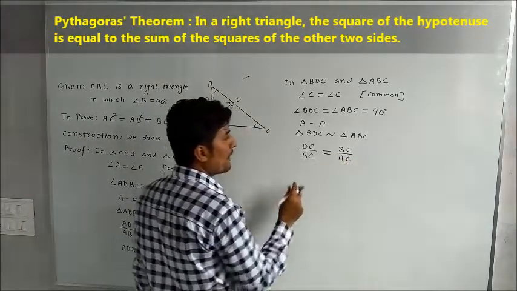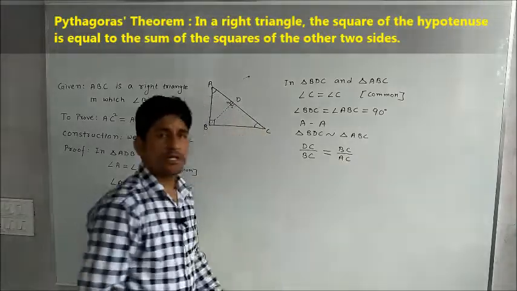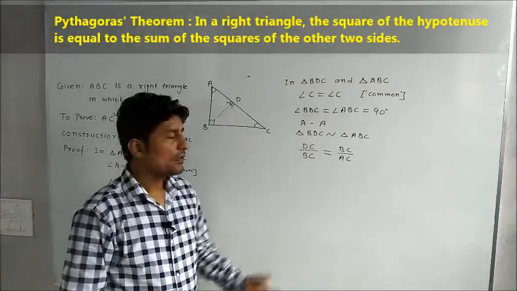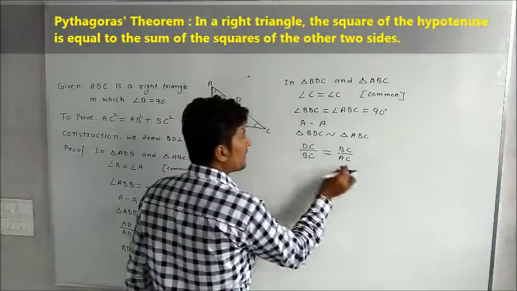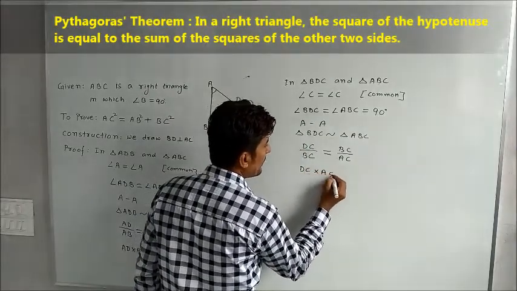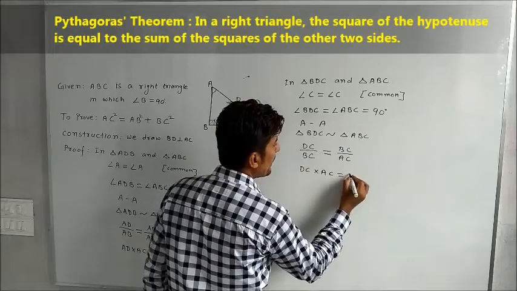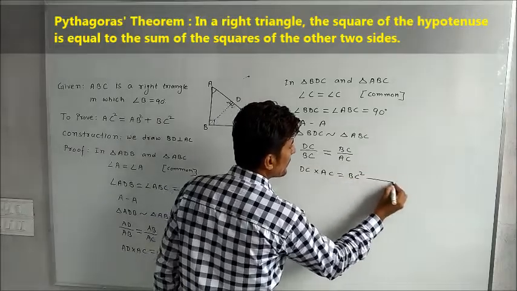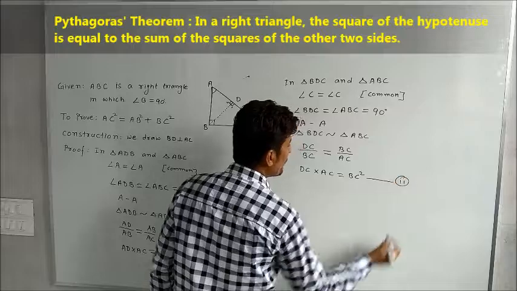Now after that we have to do the cross multiplication. Here also there is no need to take the ratio of the third side. DC into AC is equal to BC into BC. We can write here BC square. This can be equation number 2.